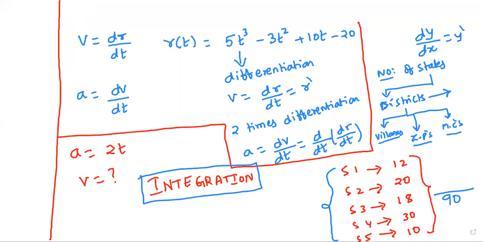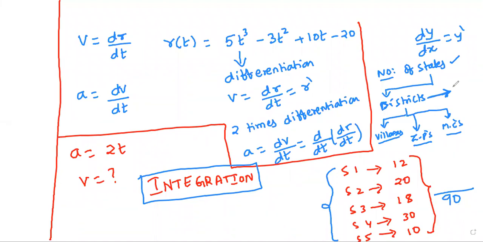Like that, in a state, a maximum of 26 or 30 districts will be there. Suppose on average one district has 1 lakh.